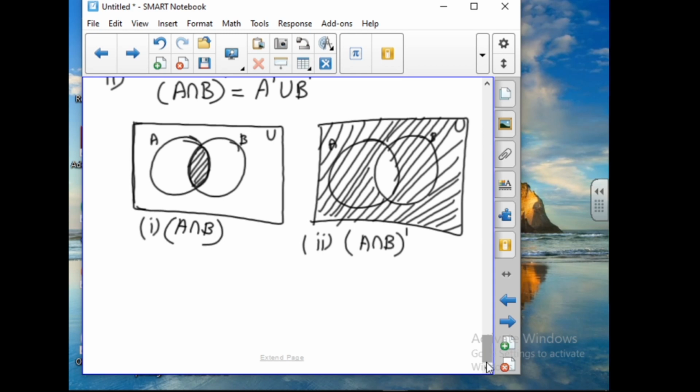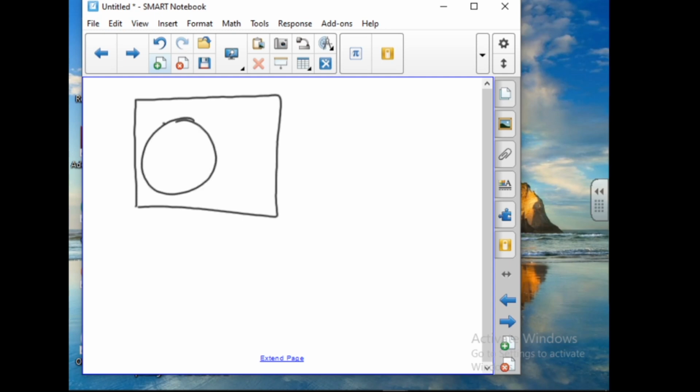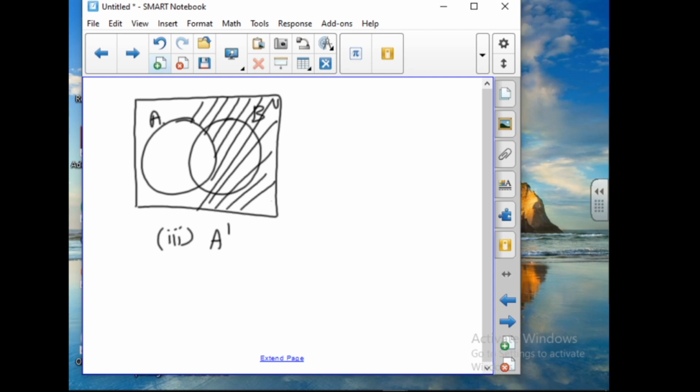Okay, then next one, right hand side, diagram number 3, A dash. A dash means except A. In the universal set, except A you have to shade. Okay, this is your A dash.